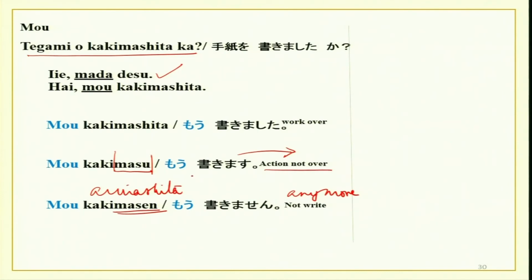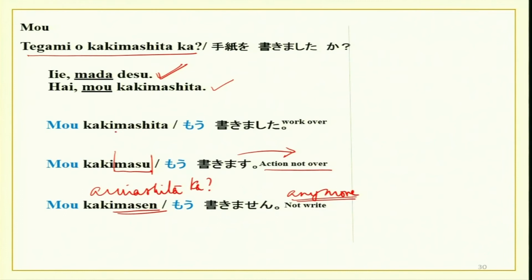"Mada desu," not yet. "Hai, aimashita. Mo aimashita," I have already met. Or "mo aimasen," I will not meet him any more. So, is it clear now? "Gohan o tabemashita ka?" "Mo takusan tabemashita kara mo tabemasen." I will not have any more as I have had lots.